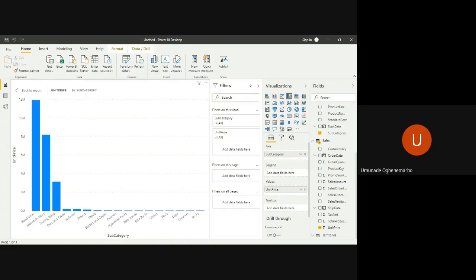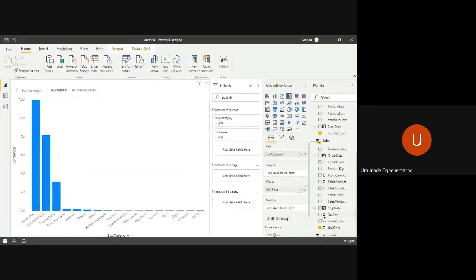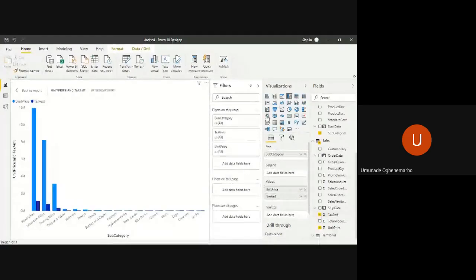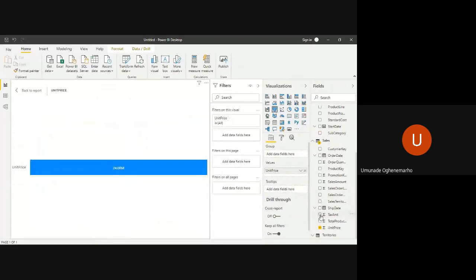Remember when we were talking about tax amount and unit price summing up together to give us our sales amount. So that is a category. We take the categorical value where we have the tax amount and the unit price from values, and change this to a funnel chart. So I'll remove this group. We have unit price, we have tax amount.